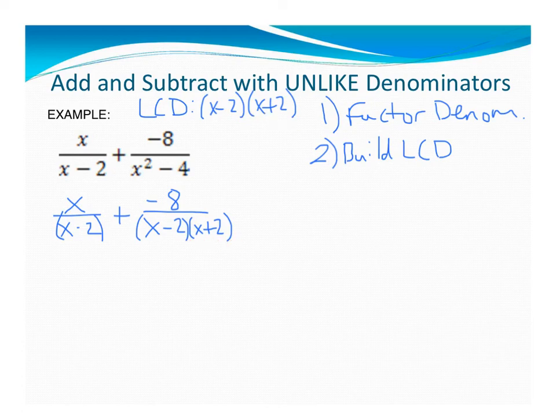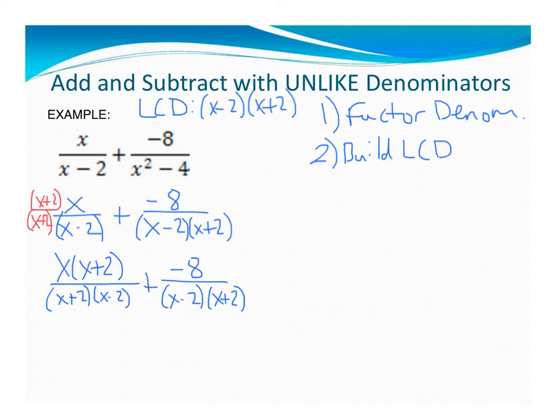So that tells me I got to multiply this one by x plus 2 over x plus 2, because I want to make sure that each denominator is the same. So now what I have here is x times x plus 2 over x plus 2 times x minus 2 plus negative 8 over x minus 2 times x plus 2.